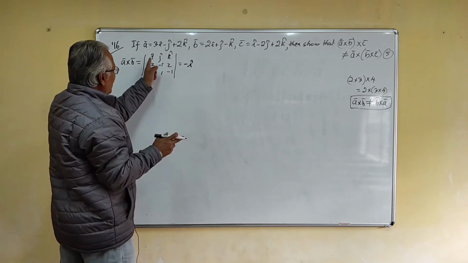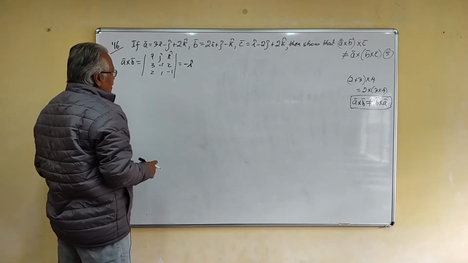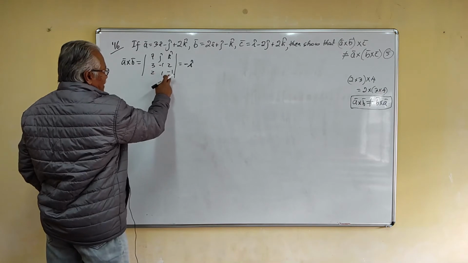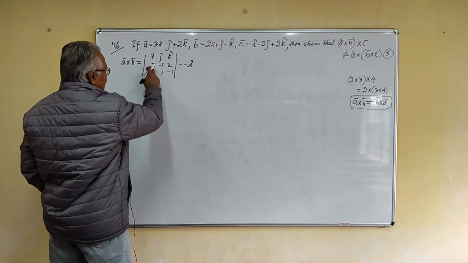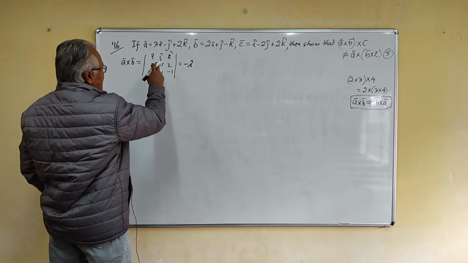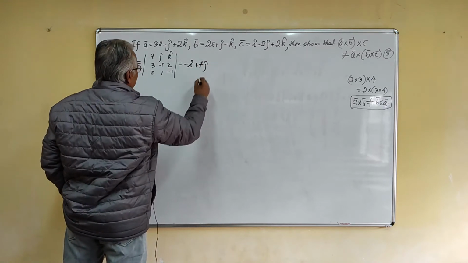So minus 1 into i is minus i. So minus j, then 3 into minus 1 is minus 3, minus 4. Minus 3 minus 4 will be minus 7. Minus 7 minus j will be plus 7j, check.